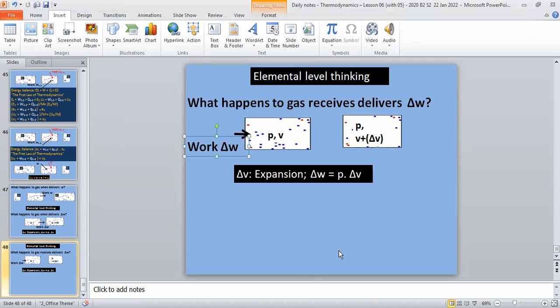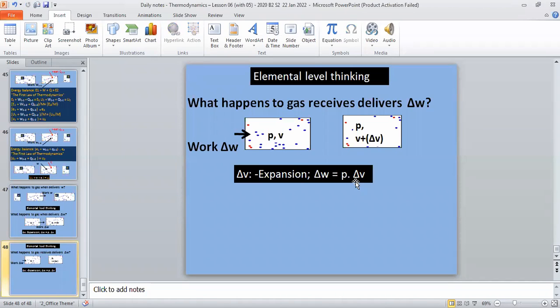Work is delta W. So this delta V is a negative expansion. It's a contraction. So delta W we can express as P delta V, where delta V has a negative value. Good.